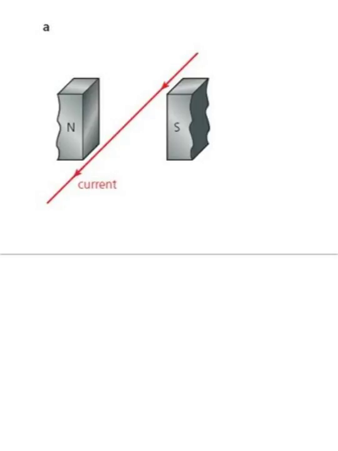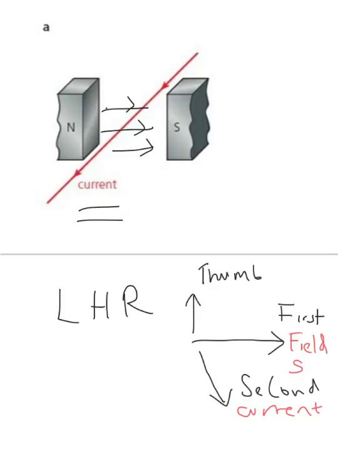Now we should also review what happens to a current carrying wire in a magnetic field. Remember, the magnetic field is always pointing to the south. A wire that's carrying current in a magnetic field will experience a force. Use Fleming's left-hand rule now to try and predict which way this is going to move.